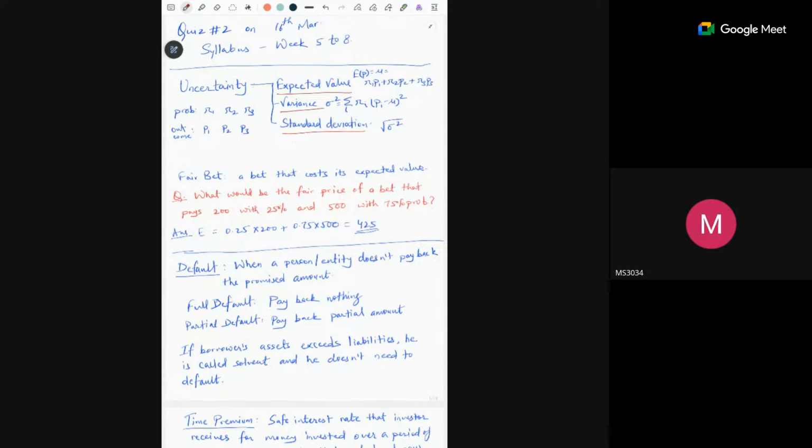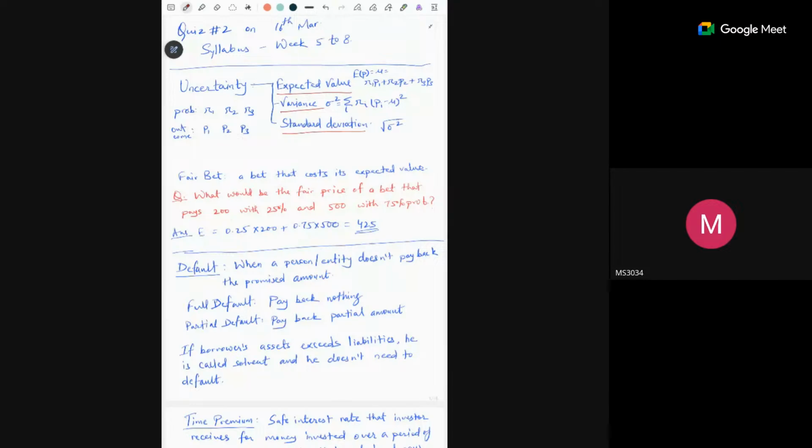Expected value will be the probability weighted average. Variance is a measure of variation in the outcome due to uncertainty, and we will encounter these values again and again in our course.